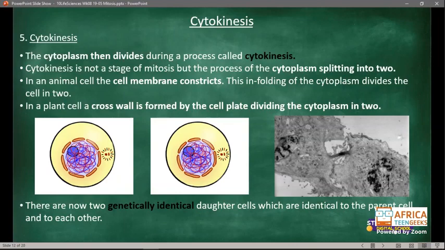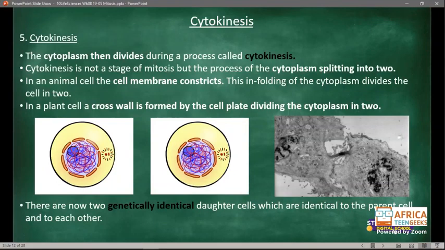Then cytokinesis is just the splitting of the cytoplasm into 2 to form the 2 genetically identical daughter cells. By genetically, we mean that they have the same number of chromosomes and the same type of chromosomes.